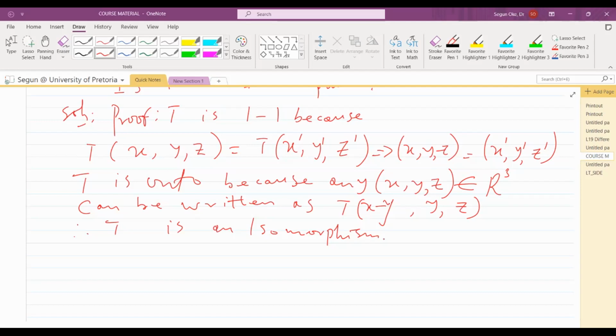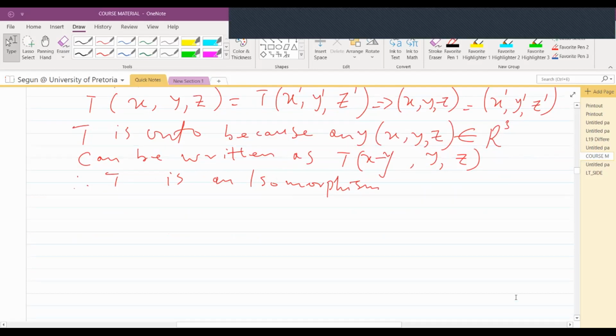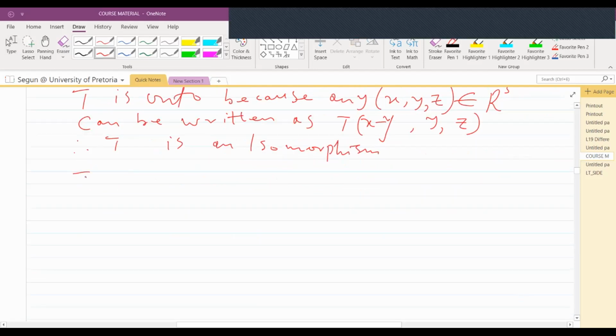But now, there is a particular question we're given that we need to quickly solve. Therefore, we should define T inverse, such that R of 3 maps to R of 3, exists. We want to establish this.